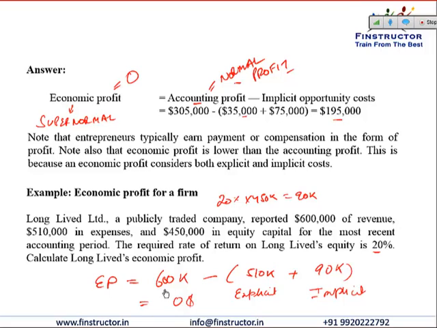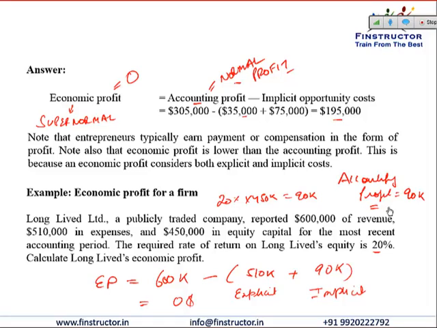Or in other words, the firm is making an accounting profit equal to $90,000. That is 600 minus 510. But this accounting profit is barely enough to cover the implicit opportunity costs, or is barely enough to meet what the capital could have earned otherwise also.